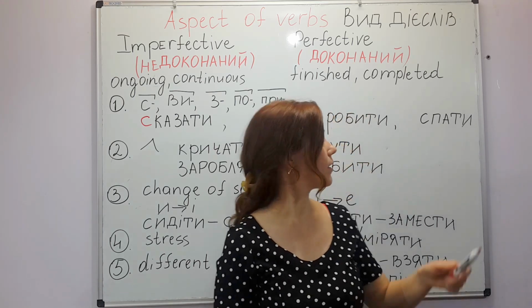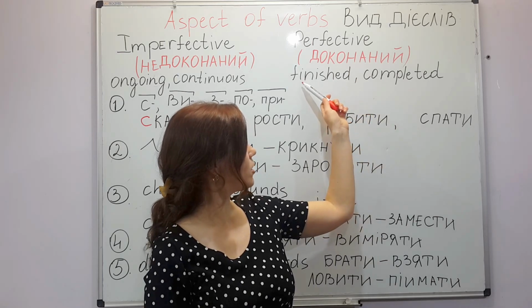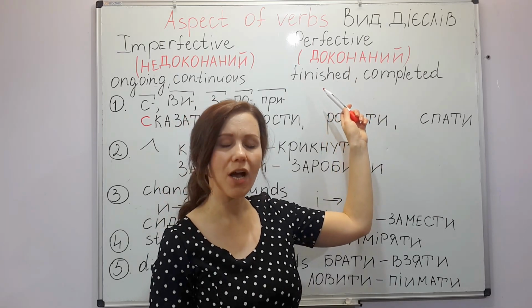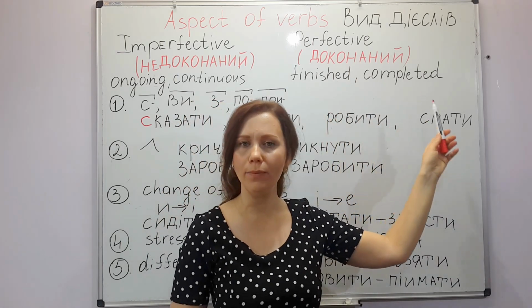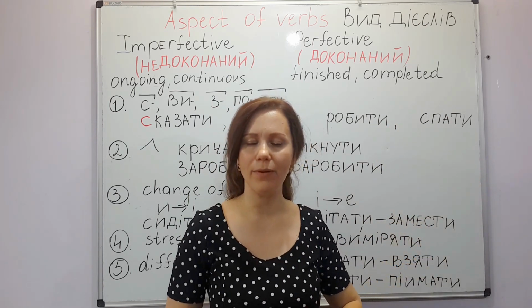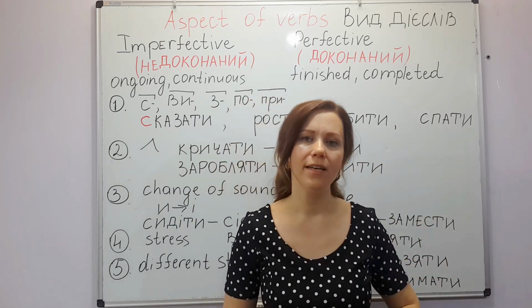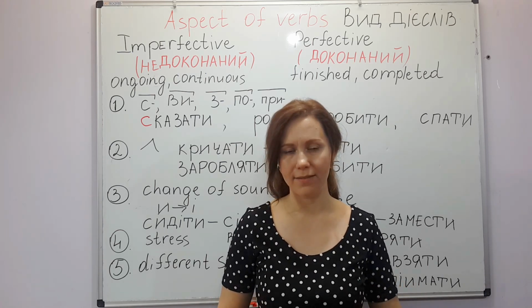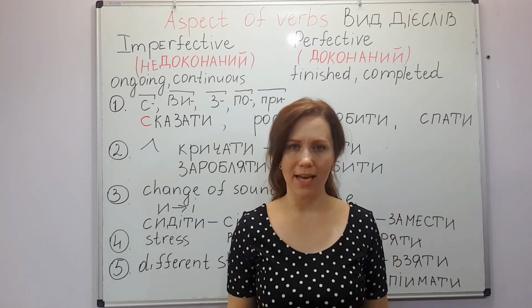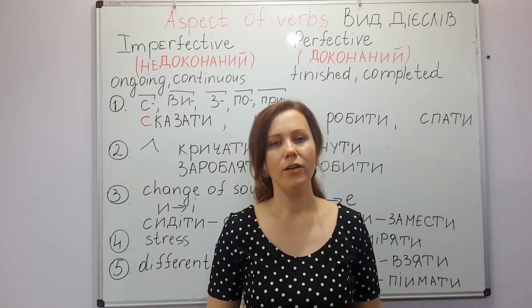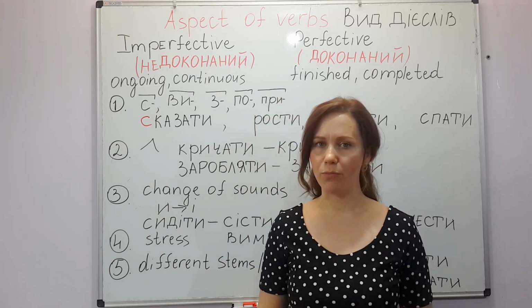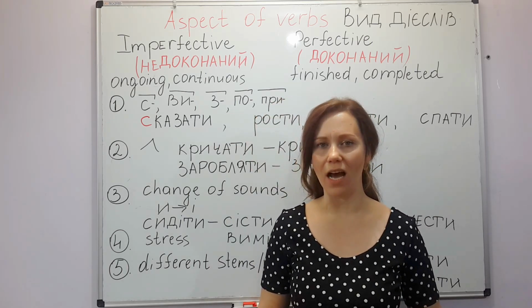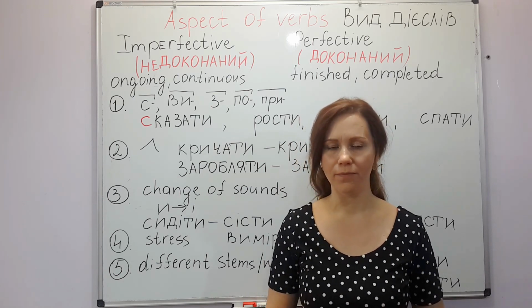Perfective verbs denote actions which are finished or completed. For example, in English, you have the past perfect tense or present perfect tense. And now let me give you some examples. He was reading a book. Він читав книгу.